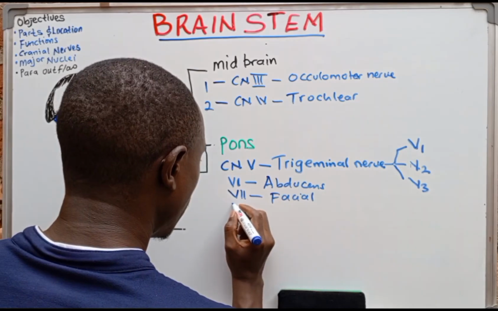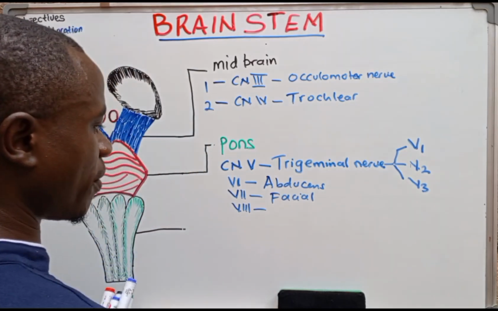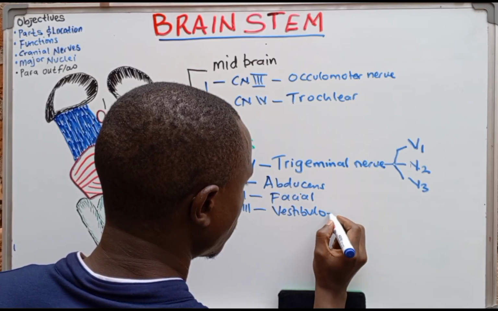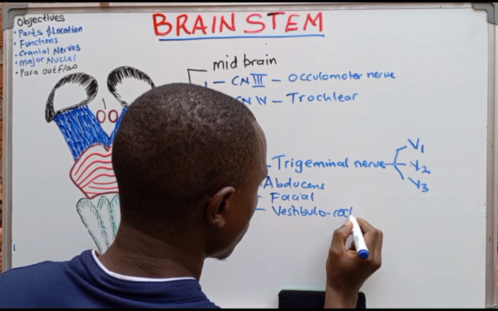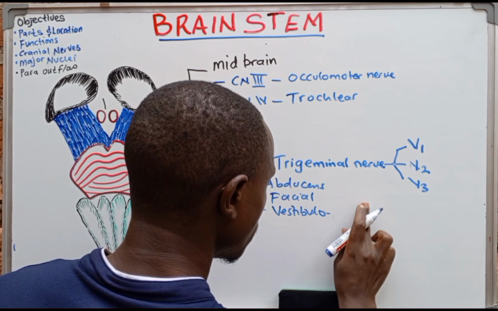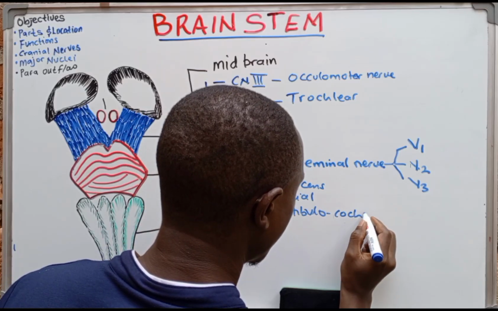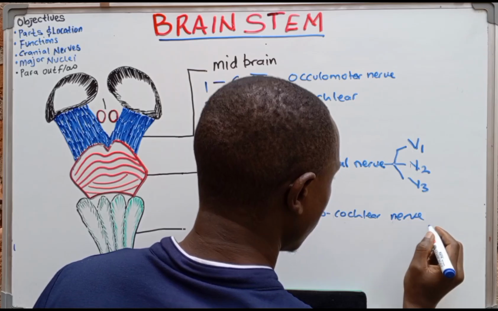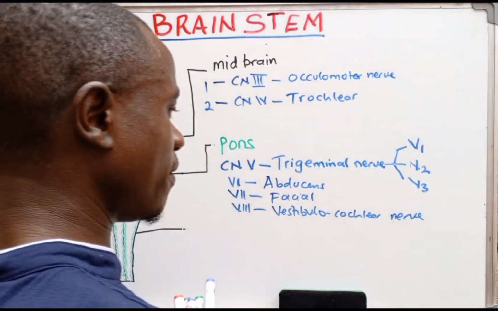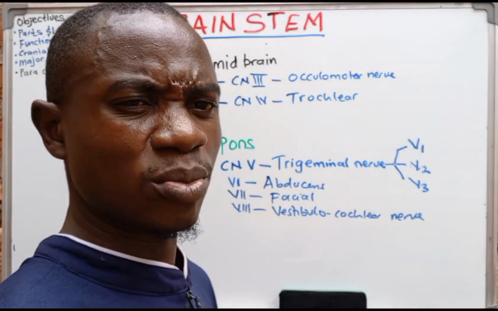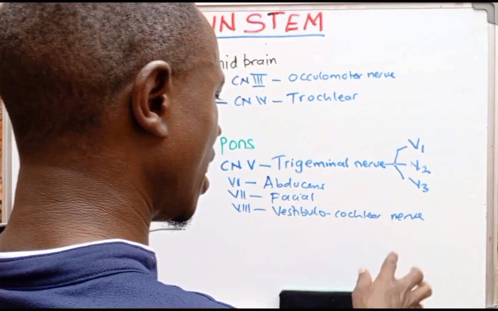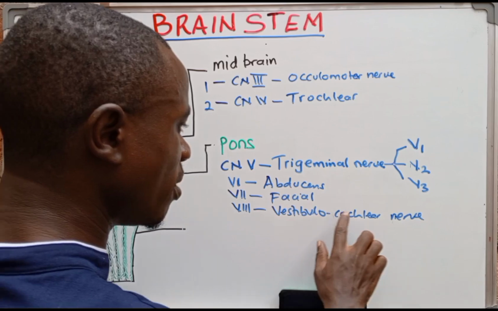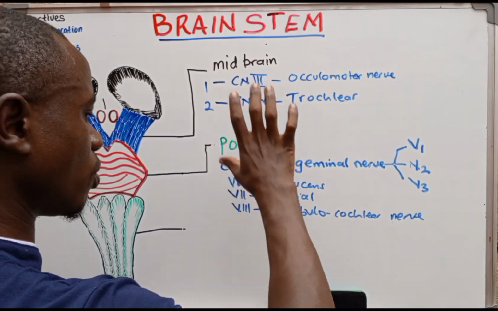And then also we shall have cranial nerve number 8 coming from the pons, which we call the vestibulocochlear nerve. And of course, this vestibulocochlear nerve, which you also call the auditory nerve, is going to be responsible for hearing and what we call balance or equilibrium. Okay, so now these are the cranial nerves which are coming from the pons.